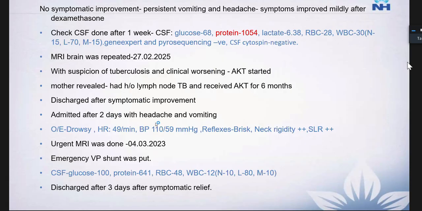But after discharge, the patient was admitted again after 2 days with headache and vomiting, and MRI was done at that time.